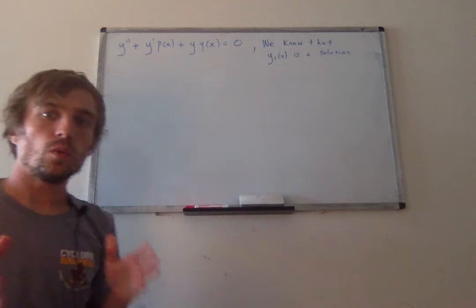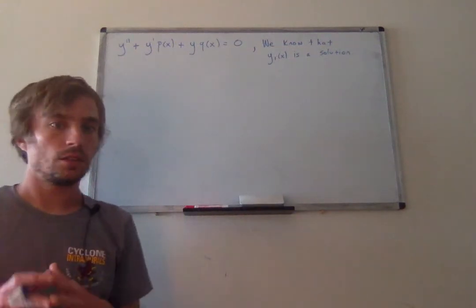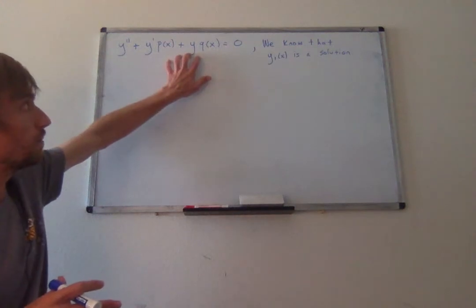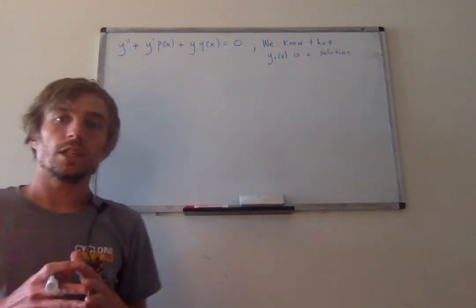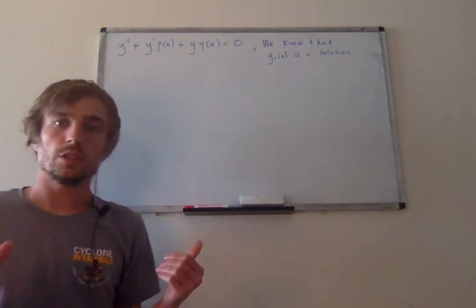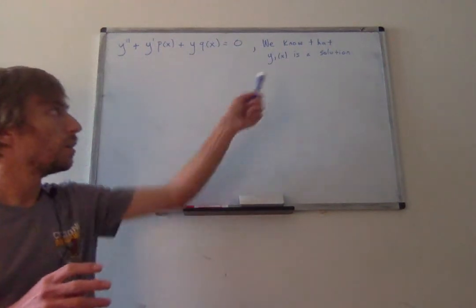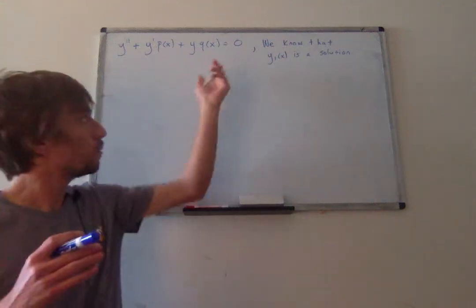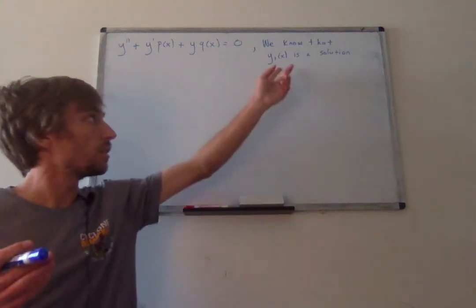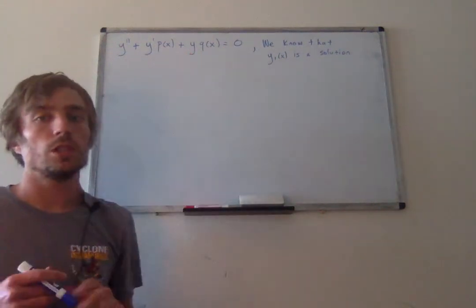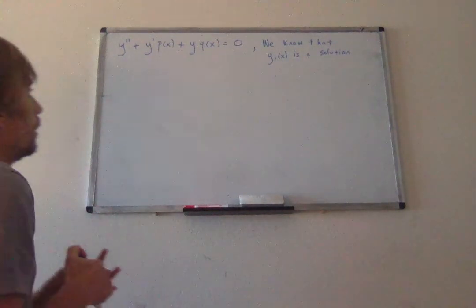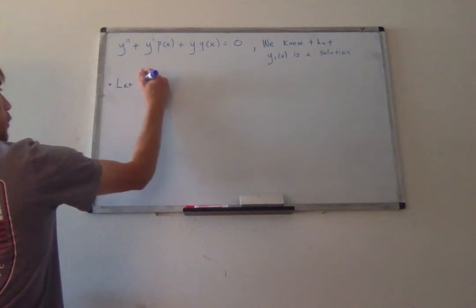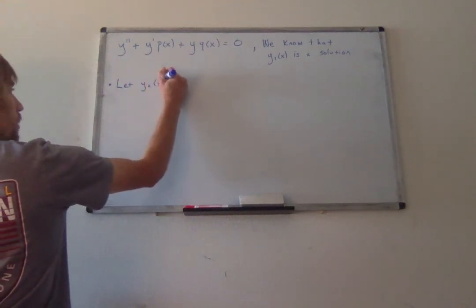So let's suppose we already know that some function y1 of x is a solution. So we want to then find the second solution to this equation. Remember, linear second order, we know it has two solutions that are linearly independent. We know one of them already. Don't know what it is. Well, we know what it is, but in general, this is just some function that is a solution to this equation. So we'll let y2 be the second solution.